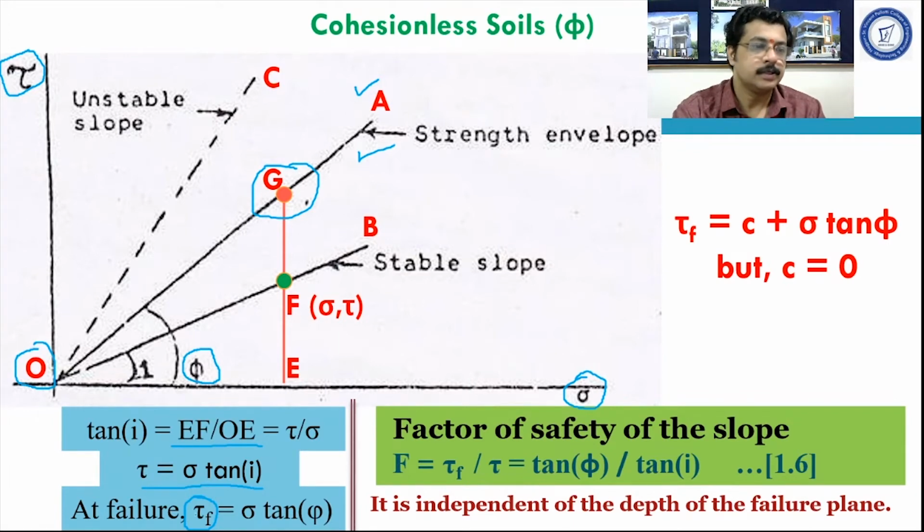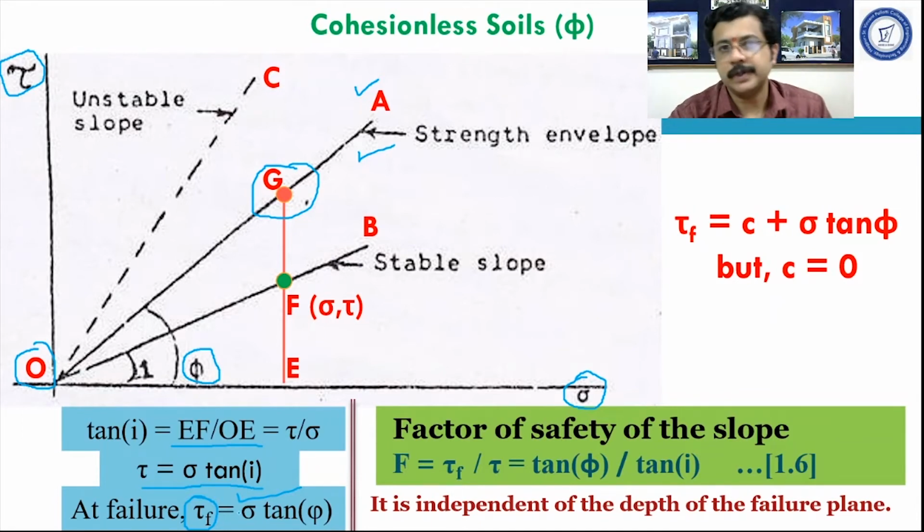Hence, tan phi equals GE upon OE. GE is nothing but tau F, the maximum possible shear stress which a soil can carry, that is its shear strength, divided by normal stress sigma. After rearranging the terms, we get this formula, tau F equals sigma tan phi.